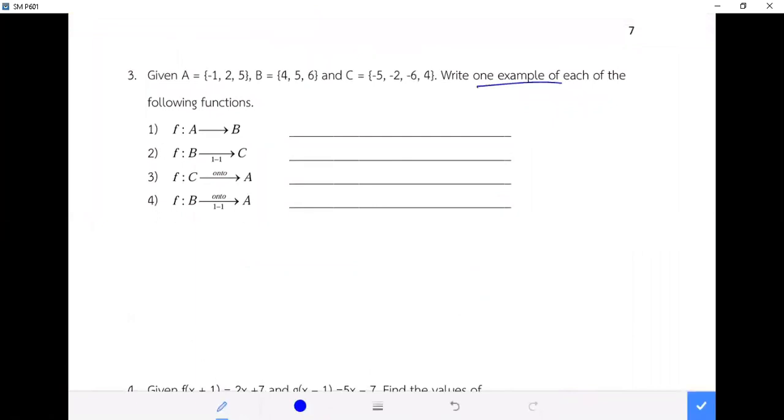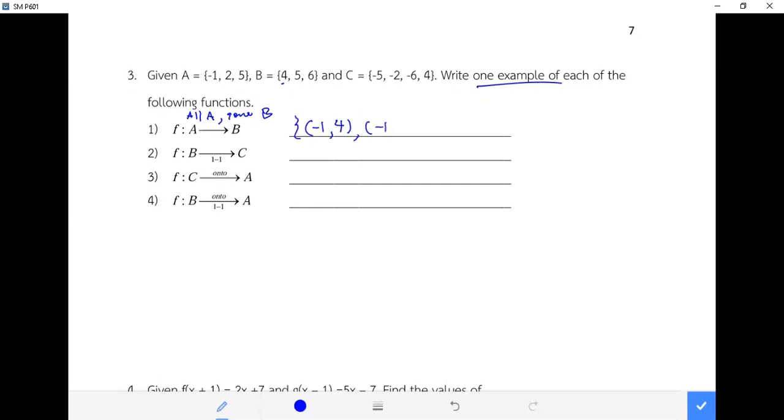If you still remember, A to B means all A, some B. So you need to use all of the A. B is repeatable, no problem. Maybe an example is like negative 1, 4.